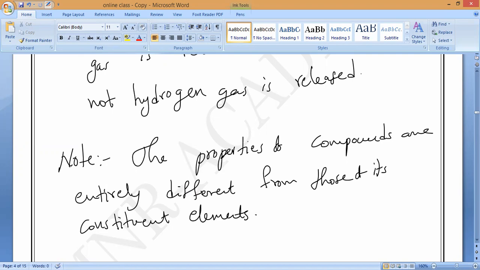Is it okay, all of you? Constituent elements. That is what you have to remember. Okay, clear? Any doubt?